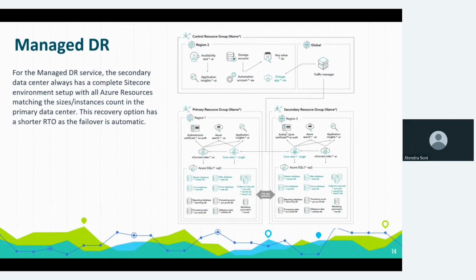Let's say your SQL instance goes down, but your CD instance is up and running. It automatically connects with the failover group. So the primary resource will still serve the traffic, but down the line the database data will be taken from the secondary resource group.